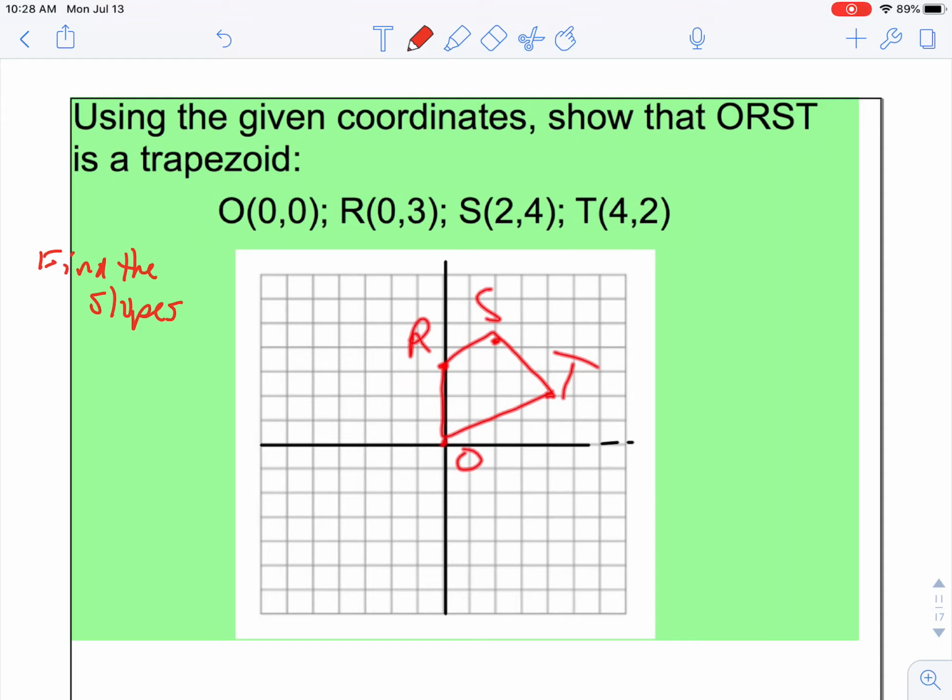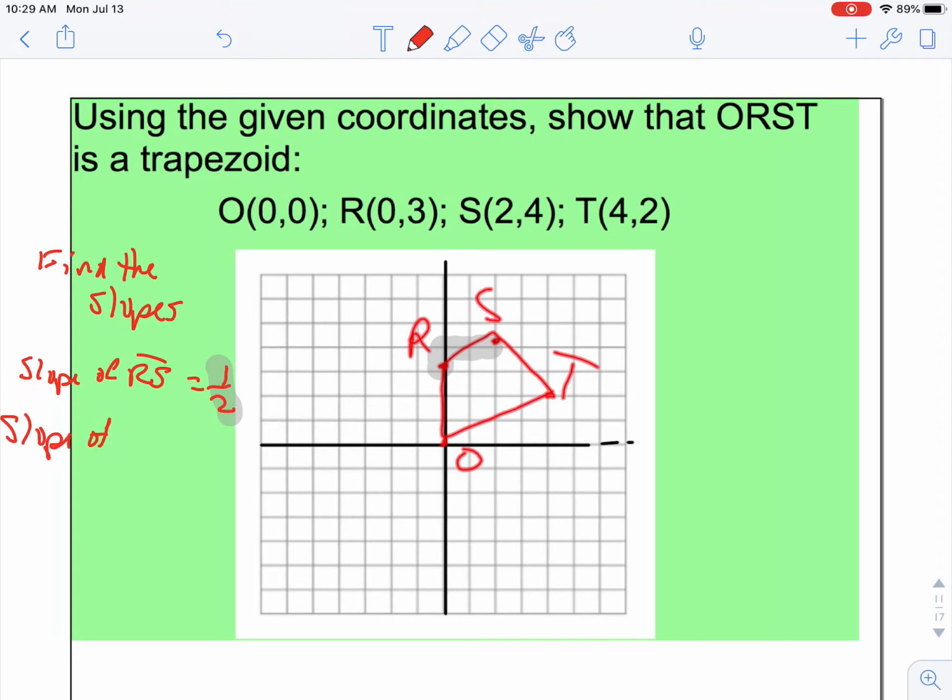parallelogram. I think it's probably obvious by looking at the slopes here, and you could actually count the slopes for this rather than use y2 minus y1 over x2 minus x1, because it's already graphed. We can see the slope of RS is equal to 1/2 because we're going up 1 over 2.